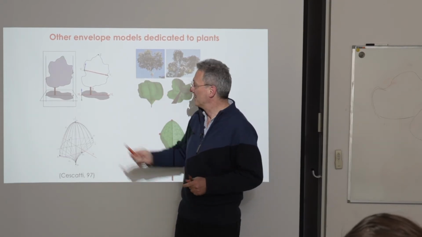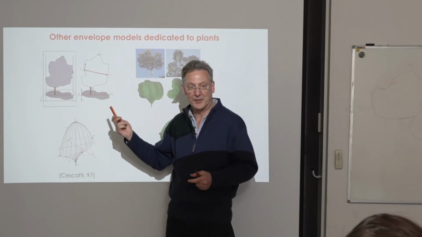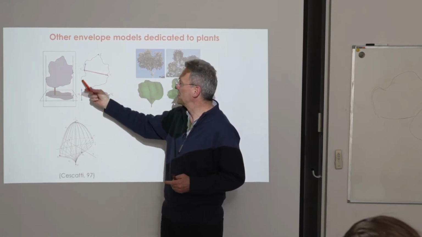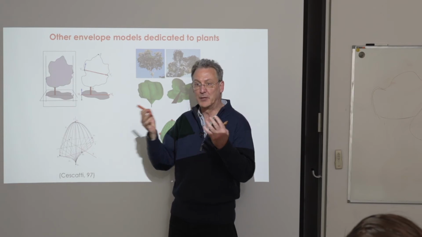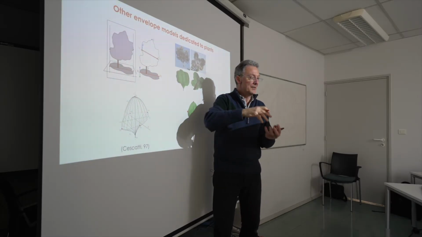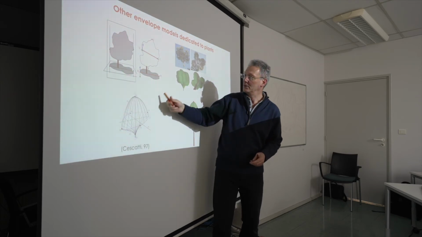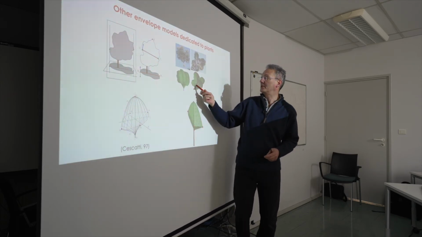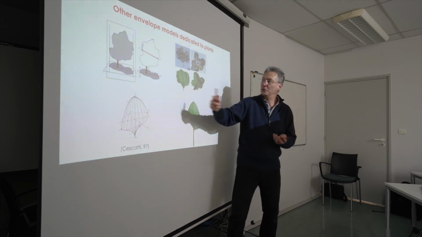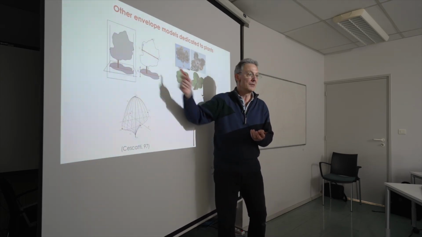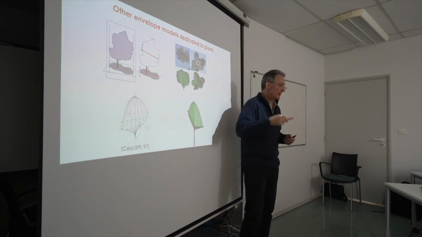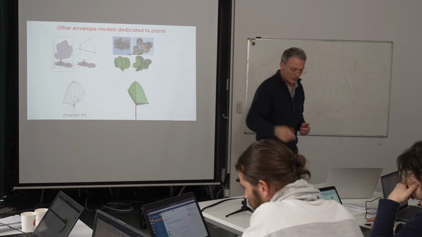So one possibility that was proposed at that time, in the year 90, was to measure a profile of the plant from the silhouette, measure a profile of the plant seen from below, and then combine these two. Combine these two by sweeping this profile scaled by the other profile. And there are other types of models that are included in LPy that you can use to construct different types of canopies.